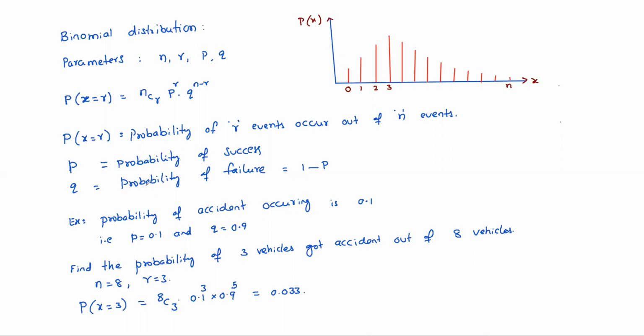Another simple example I will give for your better understanding of the distribution, okay? Suppose a coin tossing example. The probability of success, the probability of getting head in a toss, equal to 0.5.